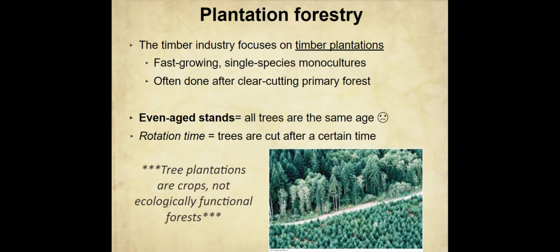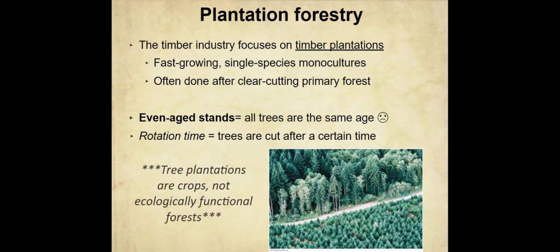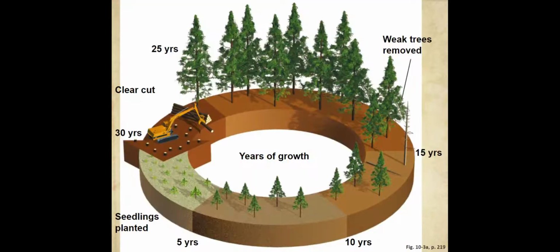Okay. Plantation forestry is another way to say commercial plantations. And like I said before, fast growing single species, and it's often done after clear cutting primary forest. So you don't have any biodiversity here. All the trees are the same age, and trees are cut after a certain time. These are crops, they're not ecologically functional forests.